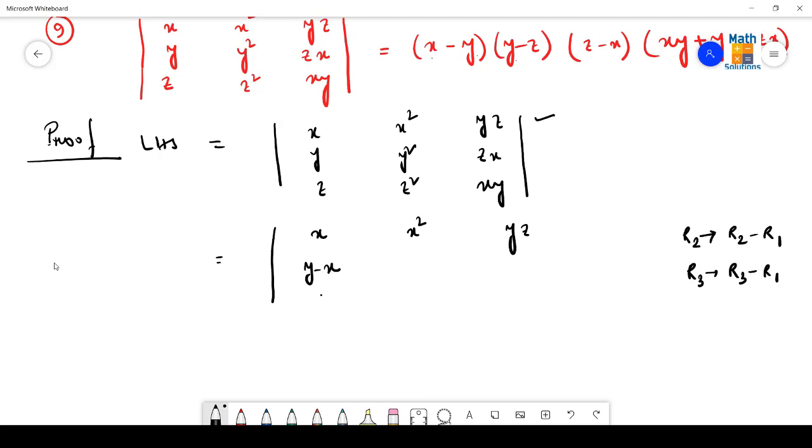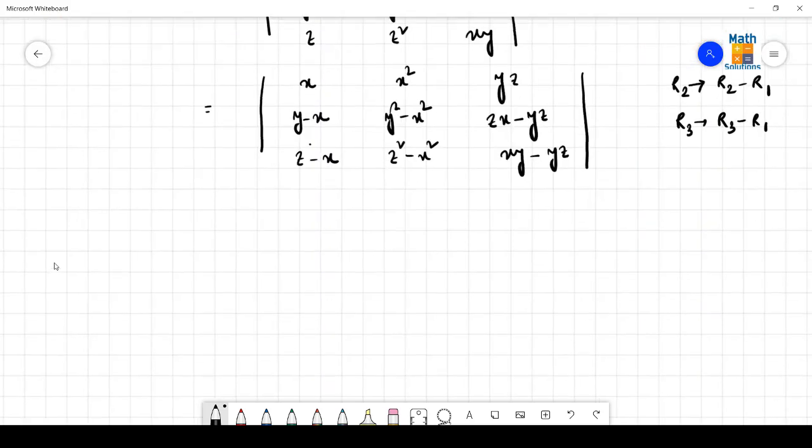I am subtracting the corresponding elements of the first row from the second row, and this replacement is done in the second row itself. Y square minus x square, then zx minus yz. Then in the third row I get z minus x, then z square minus x square, then xy minus yz. So this is the second step.